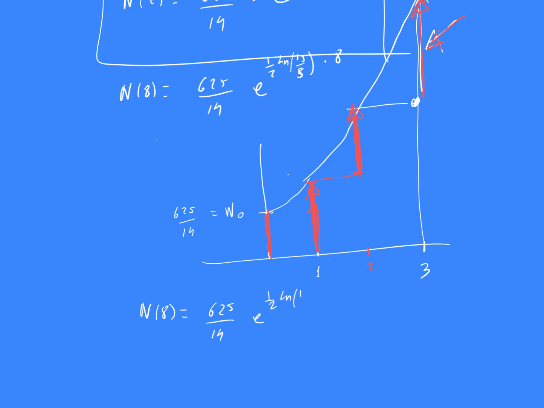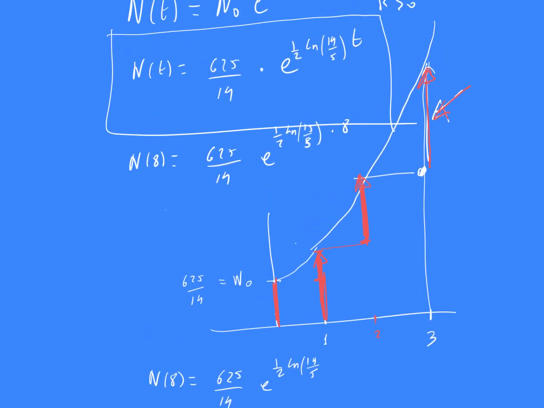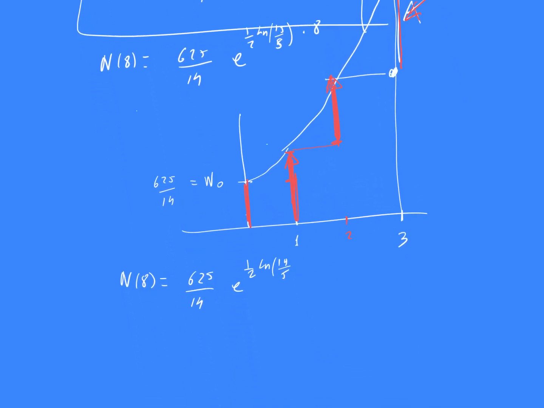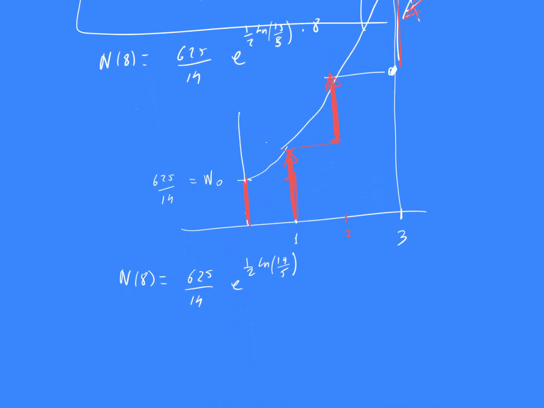I think the k is 14, not 15. I remember it was 14 divided by 5. Let's check it. 14 divided by 5 multiplied by 8. So 8 divided by 2 is 4. This 4 will go up to the 14 divided by 5.